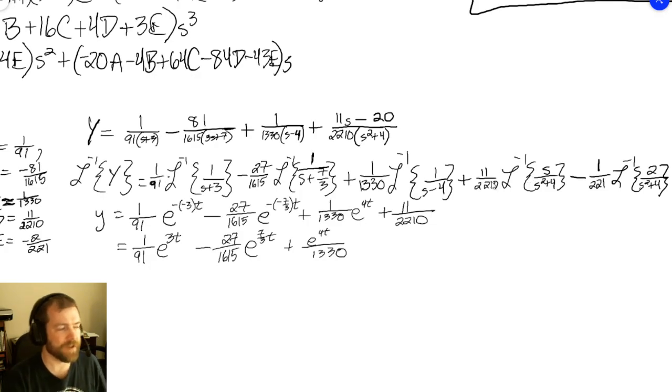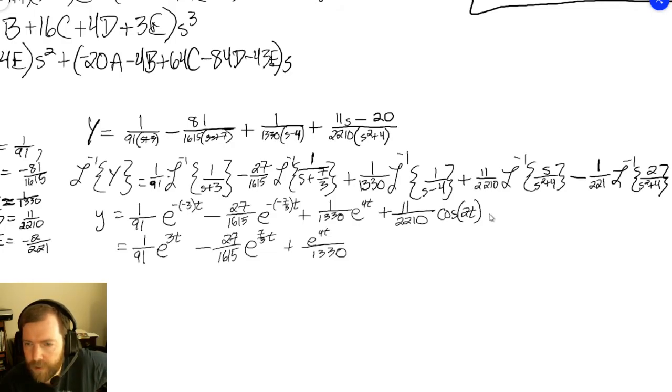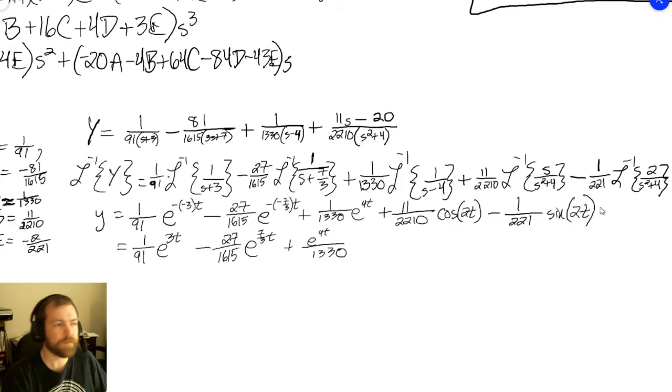Interestingly enough, this is basically the same as the sine that we found up above, but this one is going to be the cosine of 2t. And then we get a minus 1 over 221 times the sine of 2t. That's all the stuff we were doing before.